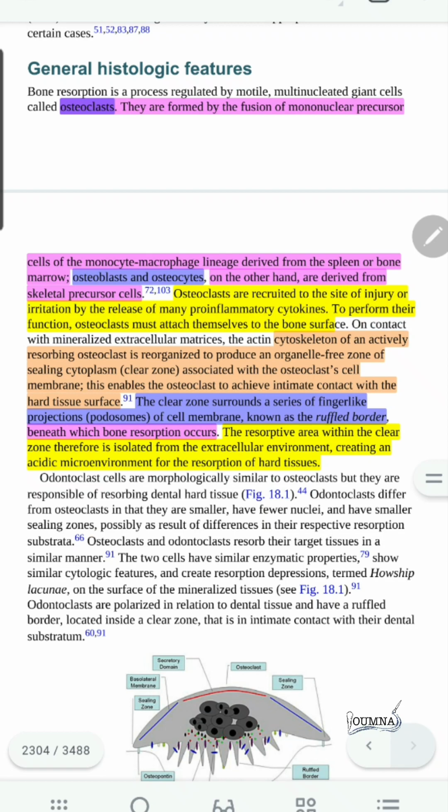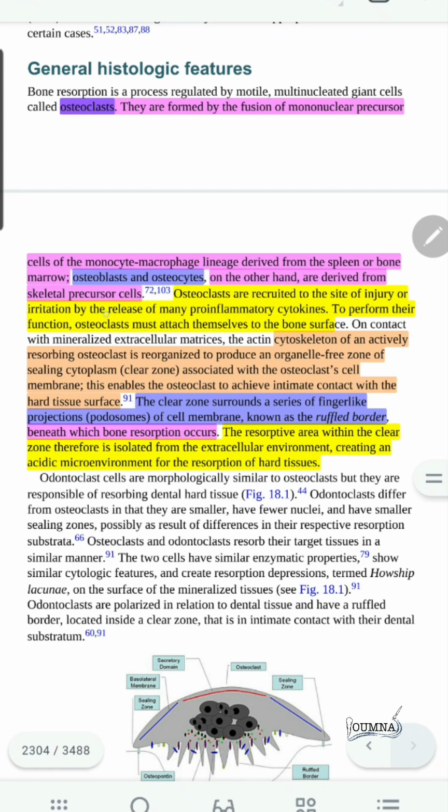We must know that osteoclasts are formed by the fusion of mononuclear precursor cells of the monocyte macrophages, which means that they have an inflammatory immune behavior.